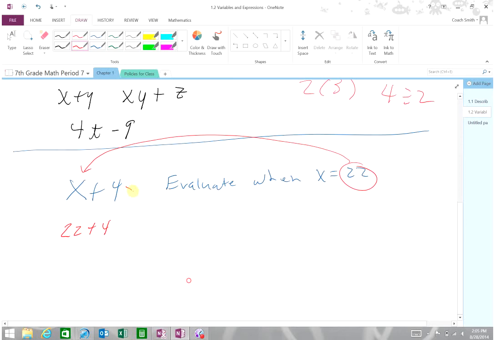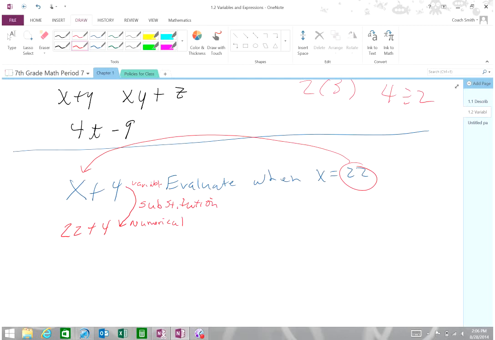So to go from this variable expression, here's the variable expression, now I have a numerical expression. That is substitution. To take it from its variable form, x plus 4, to its numerical form of 22 plus 4 is called substitution.